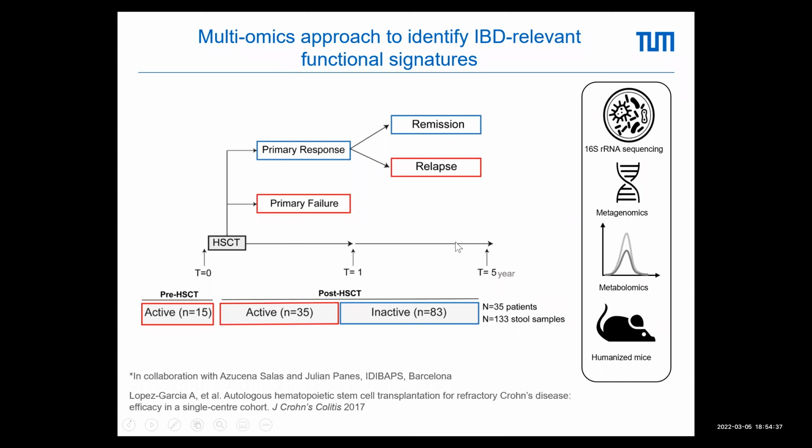And so we had this cohort of patients, which was recruited in Spain and a clinic in Barcelona. And this is a very unique cohort of patients. Inflammatory bowel disease patients are usually treated by biological therapy, so monoclonal antibodies, or also immunosuppressives, corticosteroids, and these are the conventional treatments.